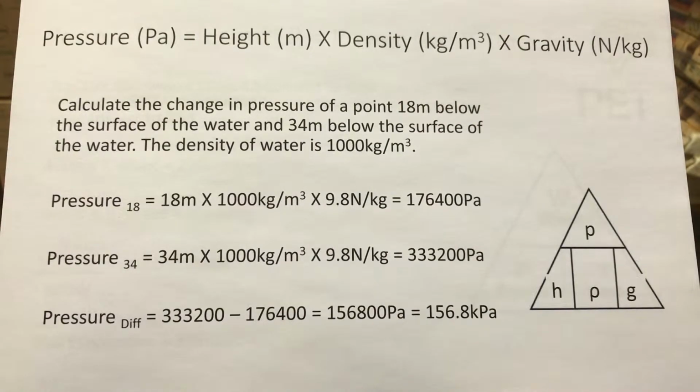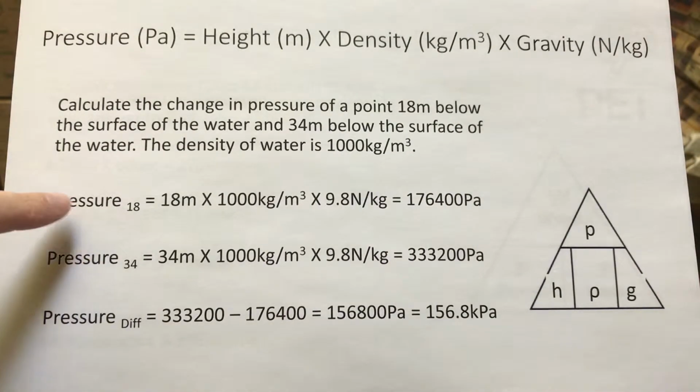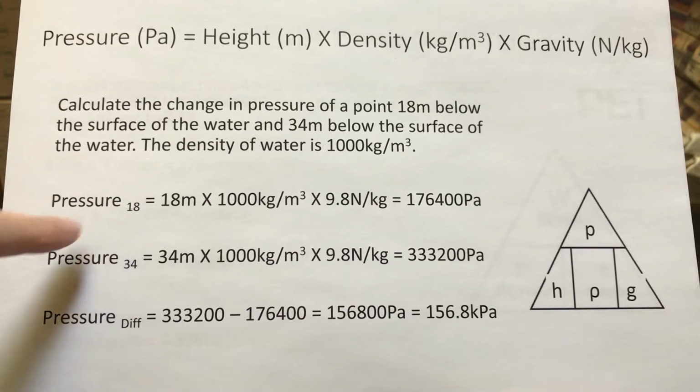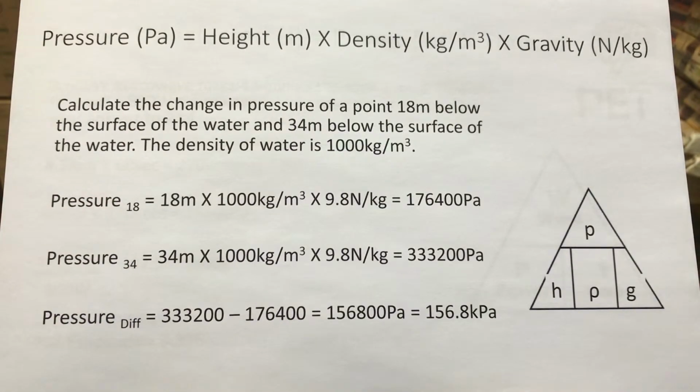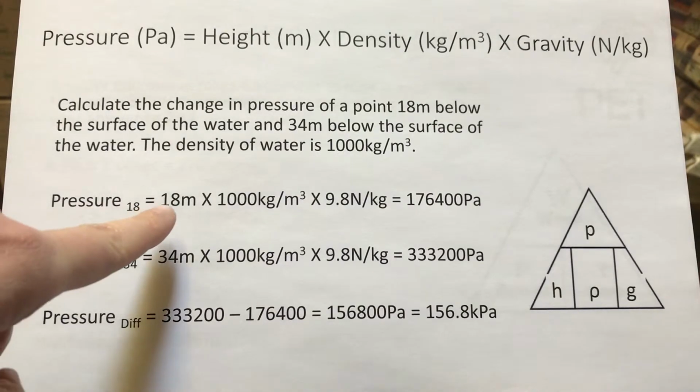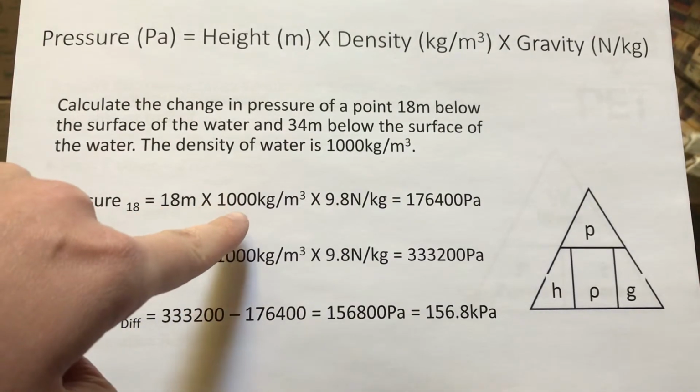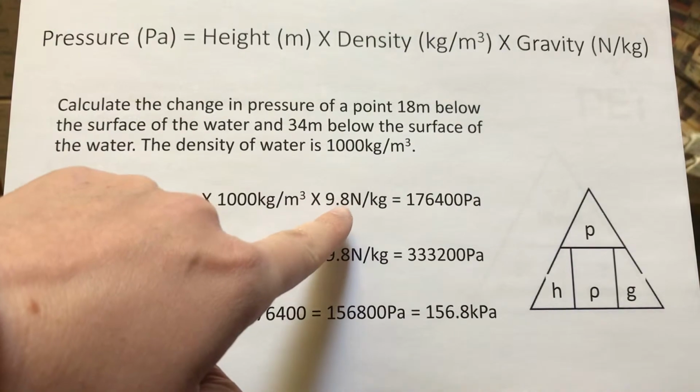But this time, they've chosen not just to find out the pressure at one particular point, but to see how much the pressure changes between two given points. So to make that easy to follow through, I've written pressure at 18 metres and then pressure at 34 metres. Now I don't have to rearrange the equation, so that's quite handy. I've got my 18 metres, my density of water, and gravity.